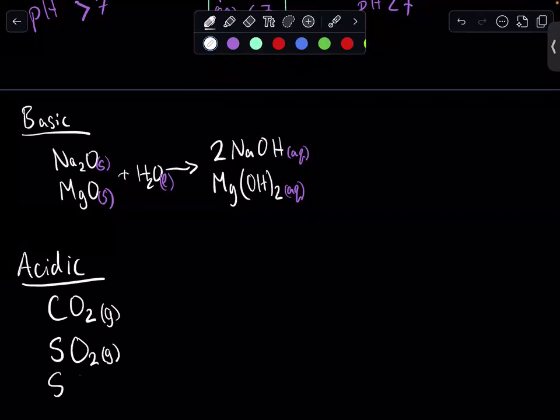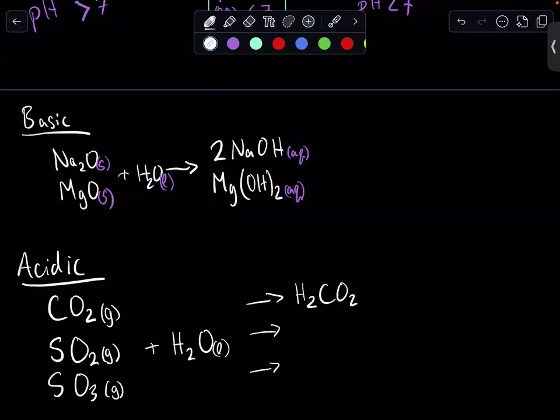You need sulfur trioxide, gas. When we react these with water, which the most common place to react with water is either in the atmosphere or in the ocean, we get three different equations. For carbon dioxide, we're going to make carbonic acid, H2CO3, aqueous.